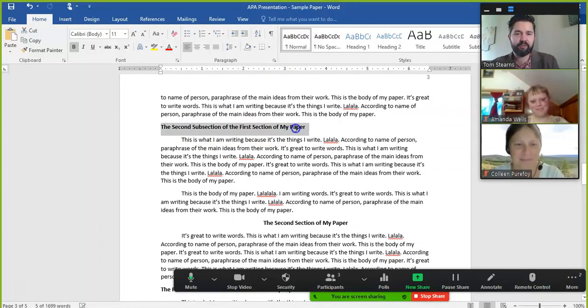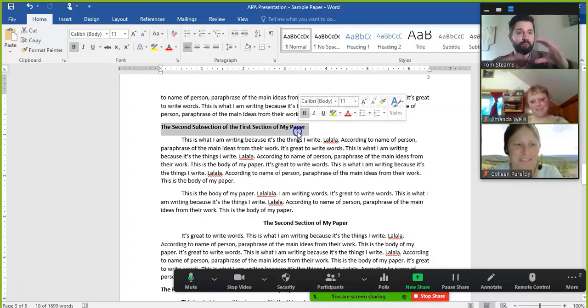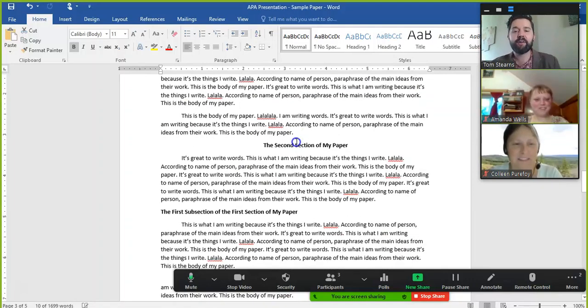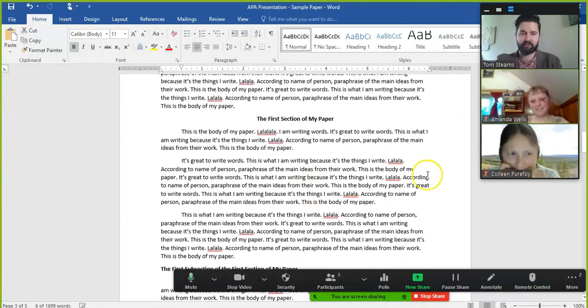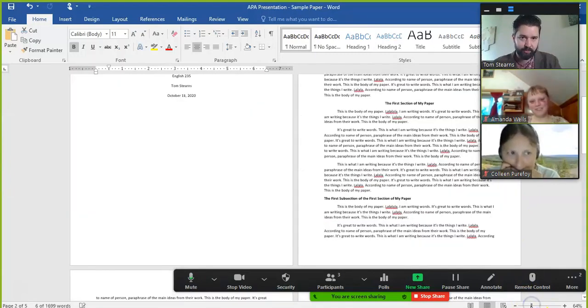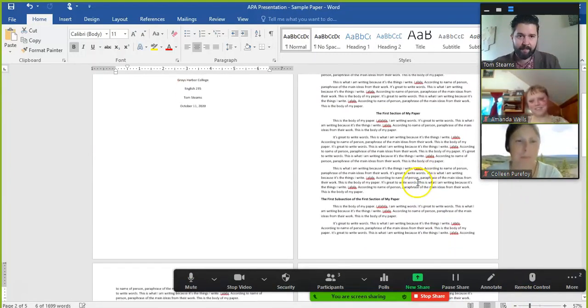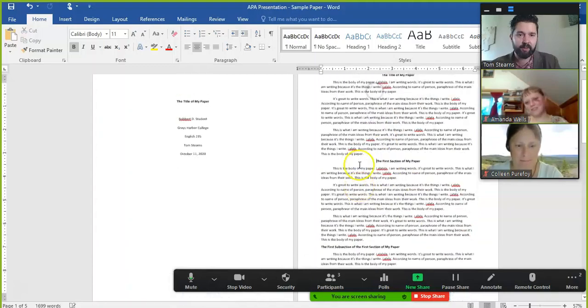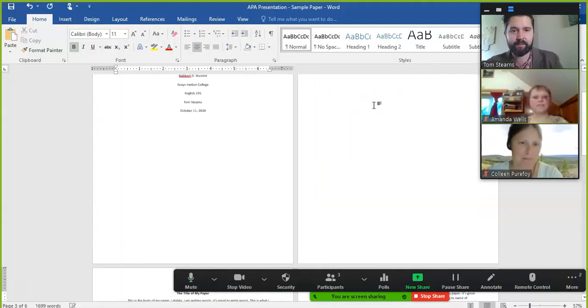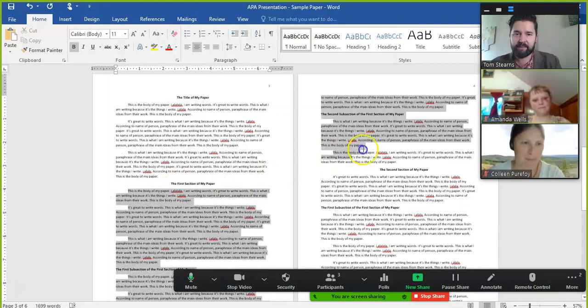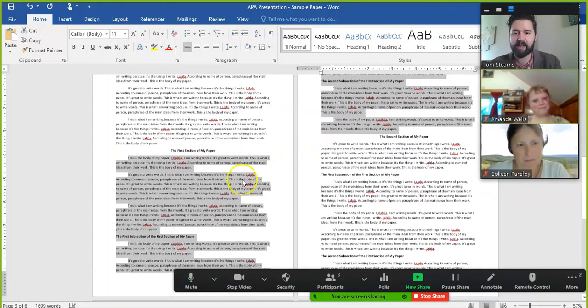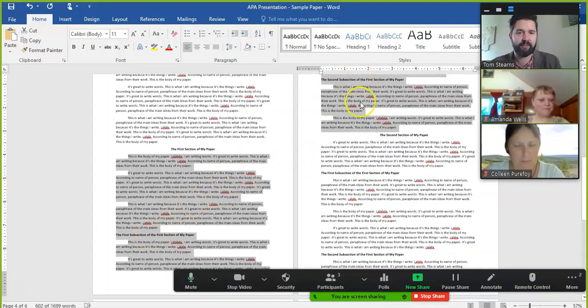Your second subsection, so maybe that first section had 2 component sections. And now here we go back to a level 1 heading, and that signals to your reader, hey, we're starting a whole new section. So if I zoom out just a little bit, let me move this all on one page, the reader can tell that this is all the first section, and it's divided up into these 2 subsections.